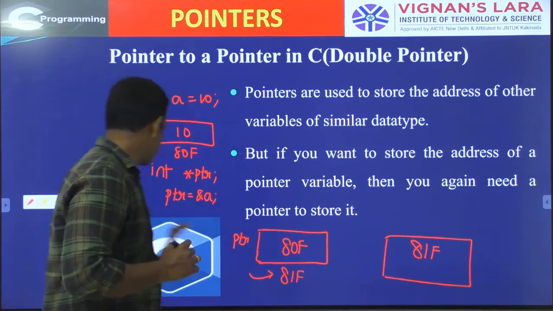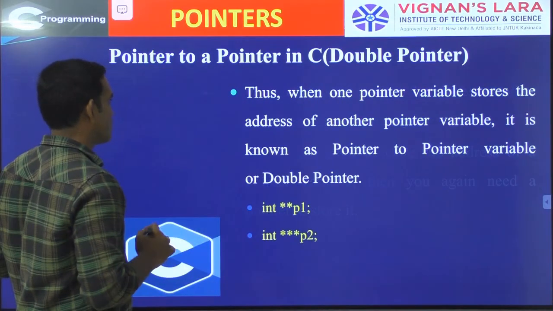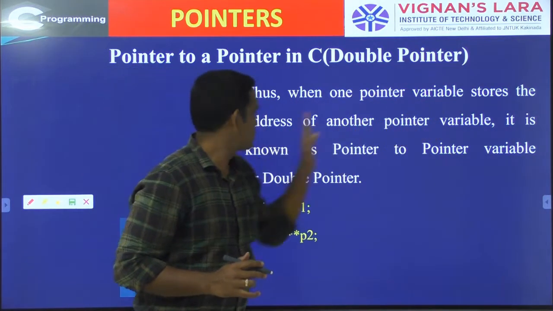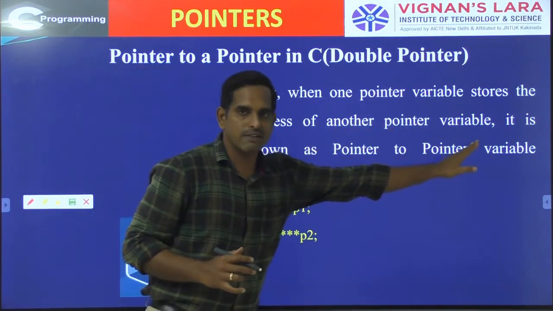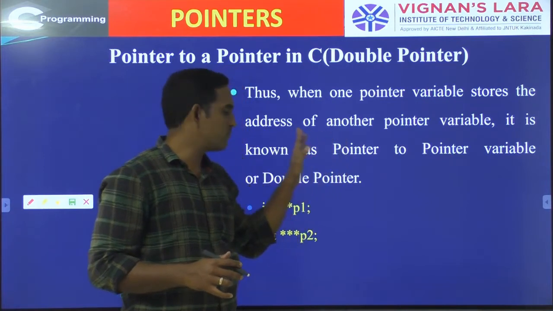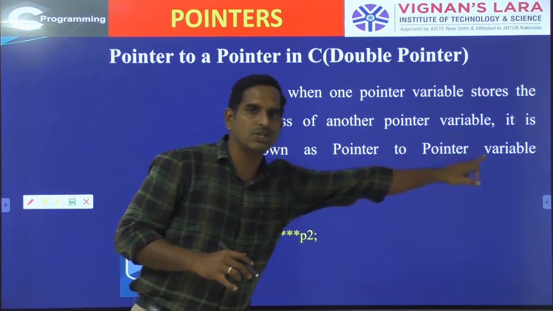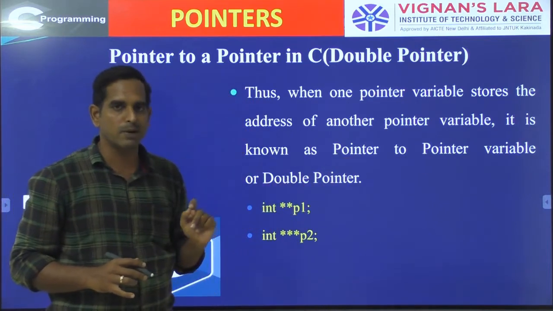So how can you declare this pointer to pointer? When one pointer variable stores the address of another pointer variable, it is known as a pointer to a pointer variable, or double pointer.